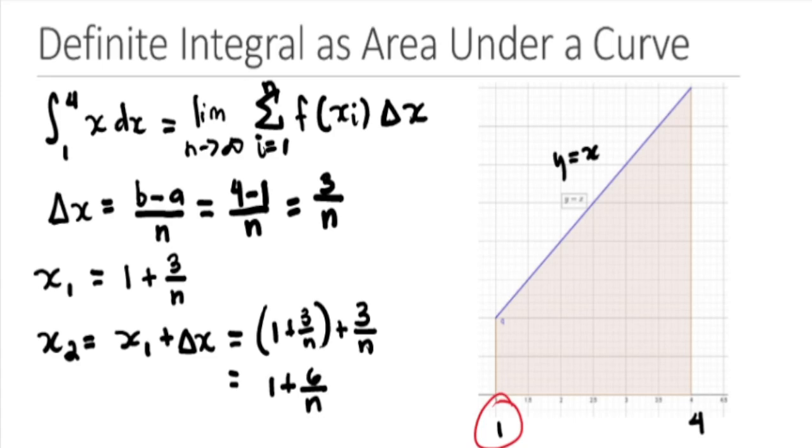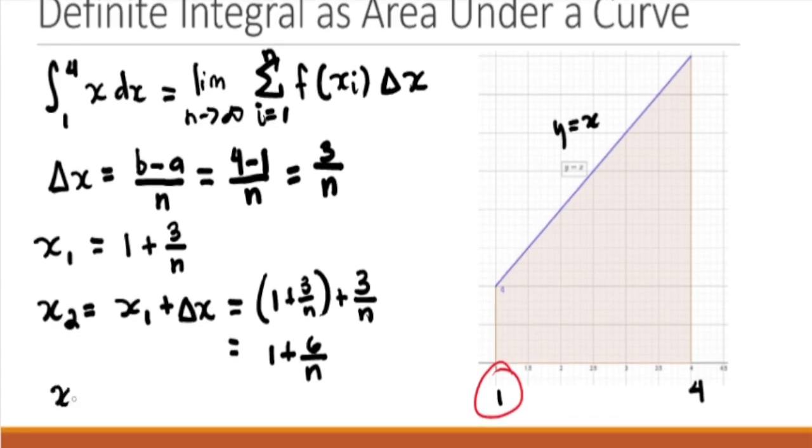Now we can continue this one by getting x sub 3. This is x sub 2 plus delta x, so that is 1 plus 6 over n plus 3 over n, or 1 plus 9 over n.